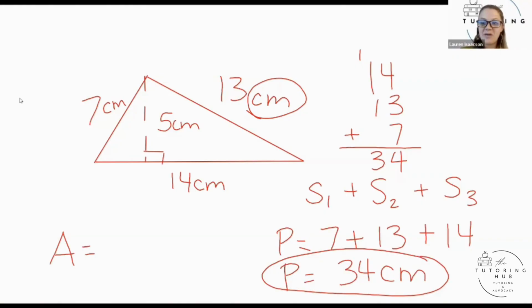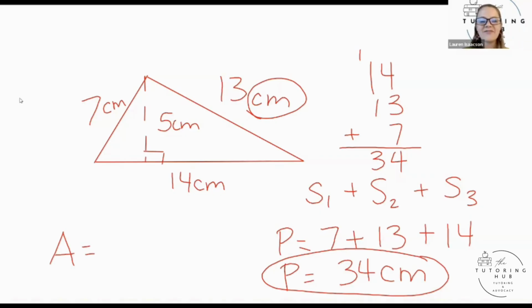Add different numbered lengths of your own triangle, or maybe find something in your house that is a triangle shape. Measure it with a ruler and add all the sides up. See how long it is on each side to find the perimeter of that space around the outside of your triangle.